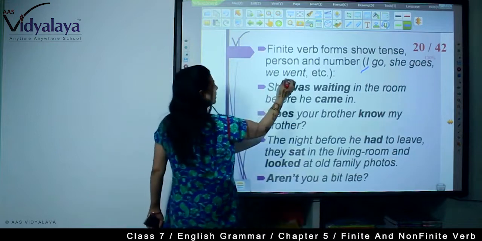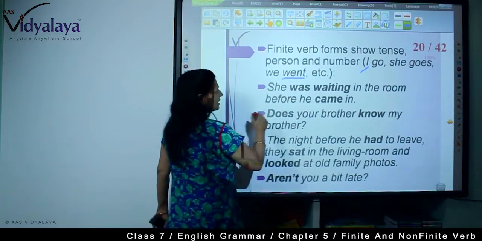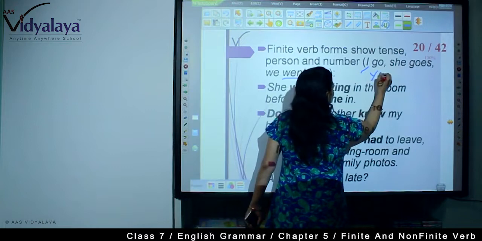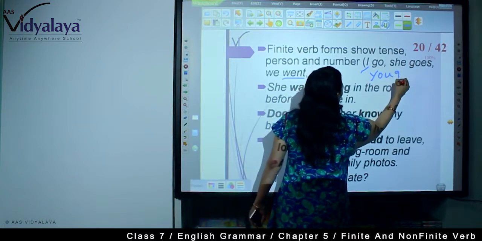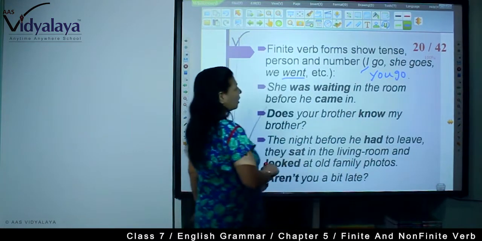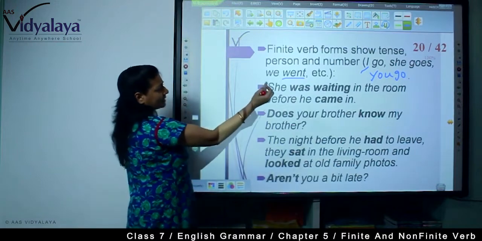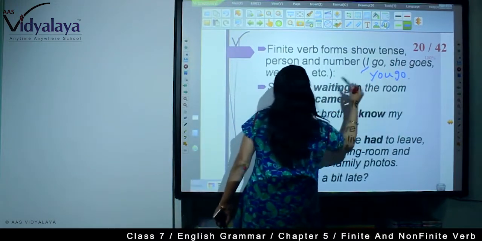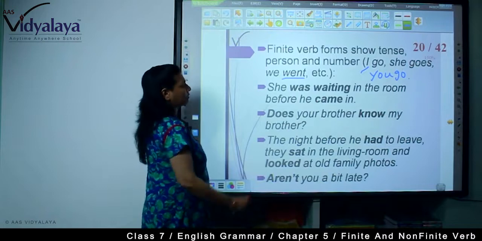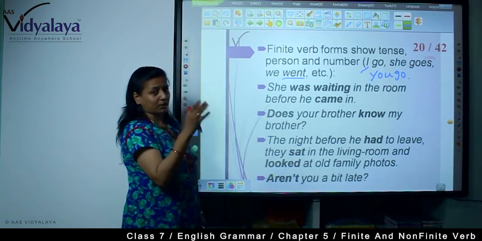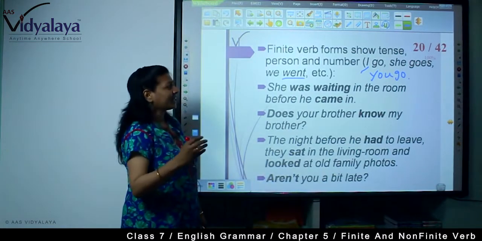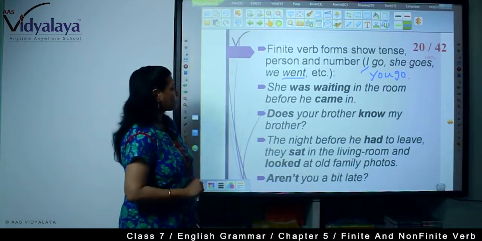In the past form, go has become went, and with second person "you", it is again go. So you are seeing the present and the past form. According to the number, person and tense, finite verb forms change.